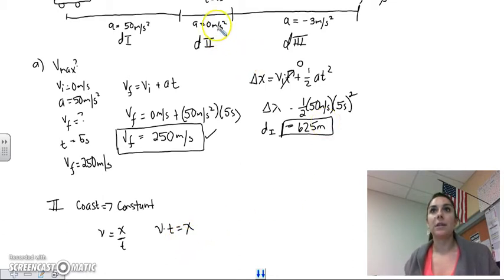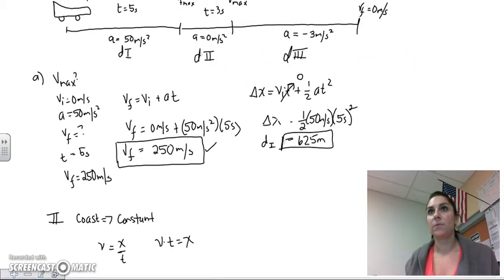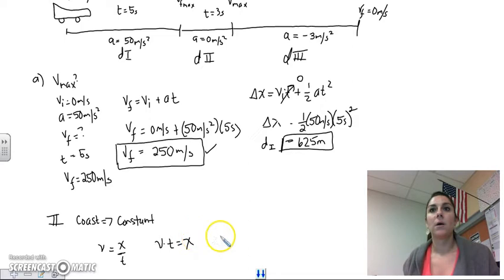So during that section, let's just bring it up a little bit. There we go. What we have is the velocity here. Now, since it's coasting, the velocity during this section is going to remain the same as the velocity here. So our velocity is 250.